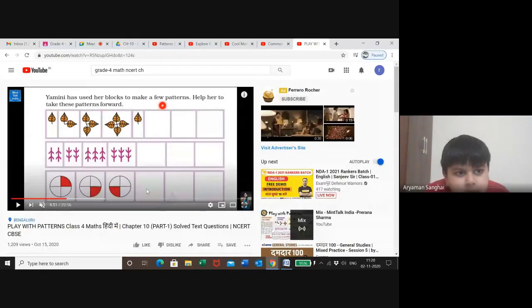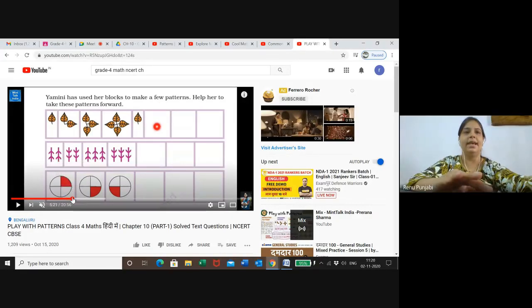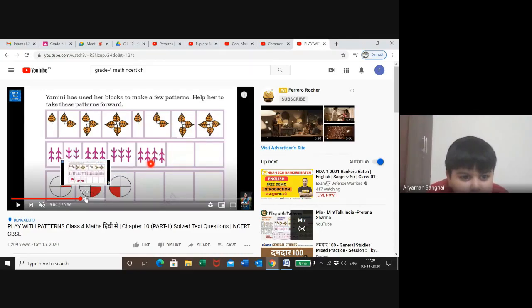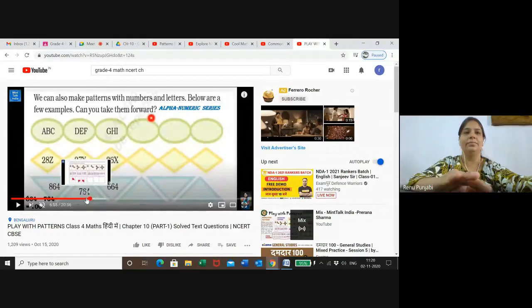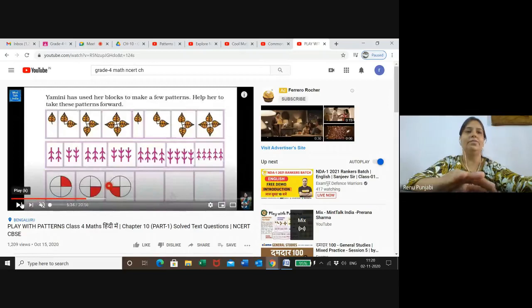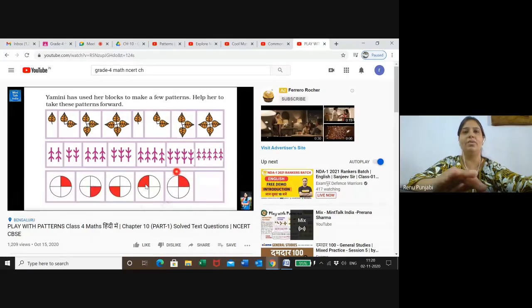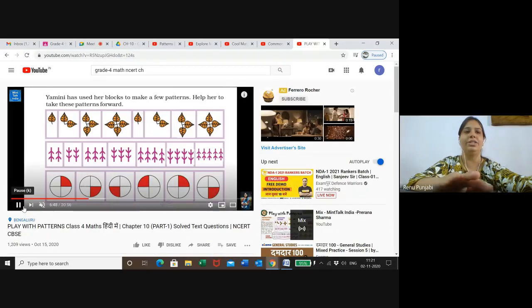It will come up, then left side, then right side, then down. See, I will show you. The left side up, then right side up, then right side down, and it will keep on changing the pattern.